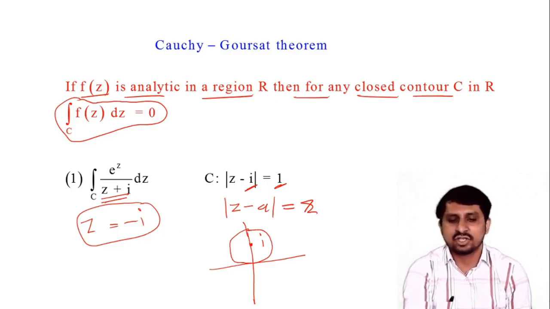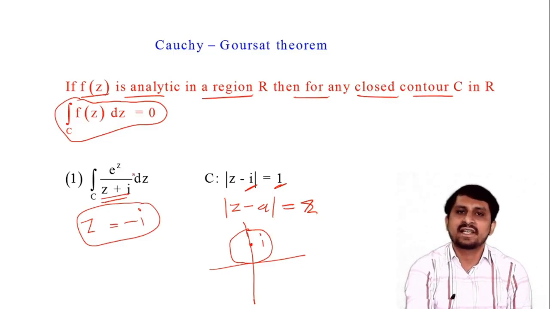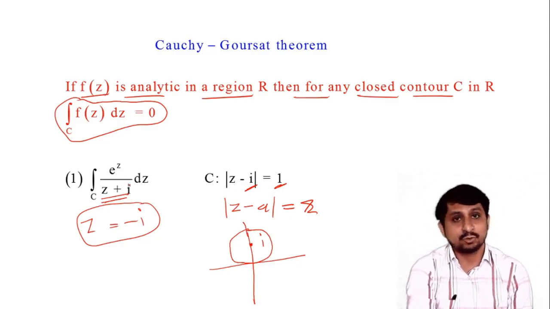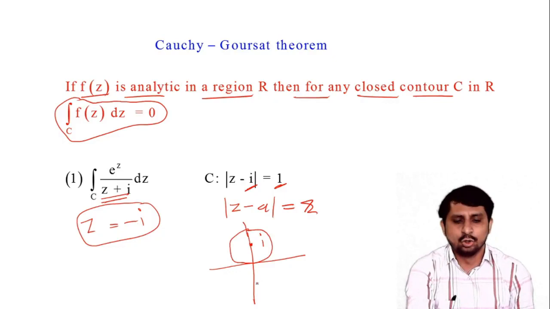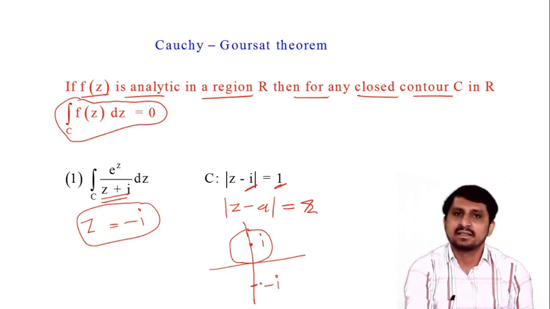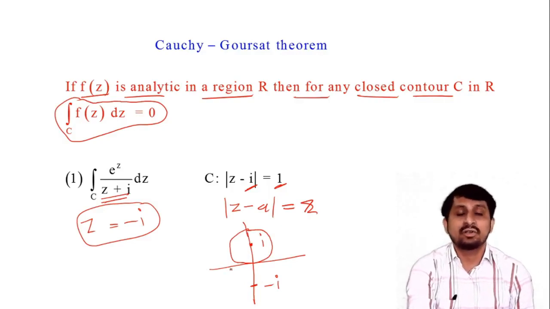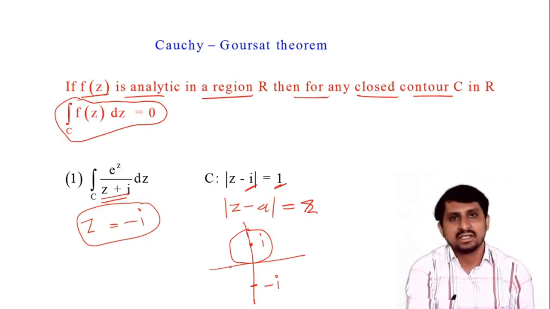So this function e raised to z upon z plus i is analytic everywhere except only at z equal to minus i. But is minus i inside the given circle? No, minus i is here. So the point where your function is not analytic is outside the circle.